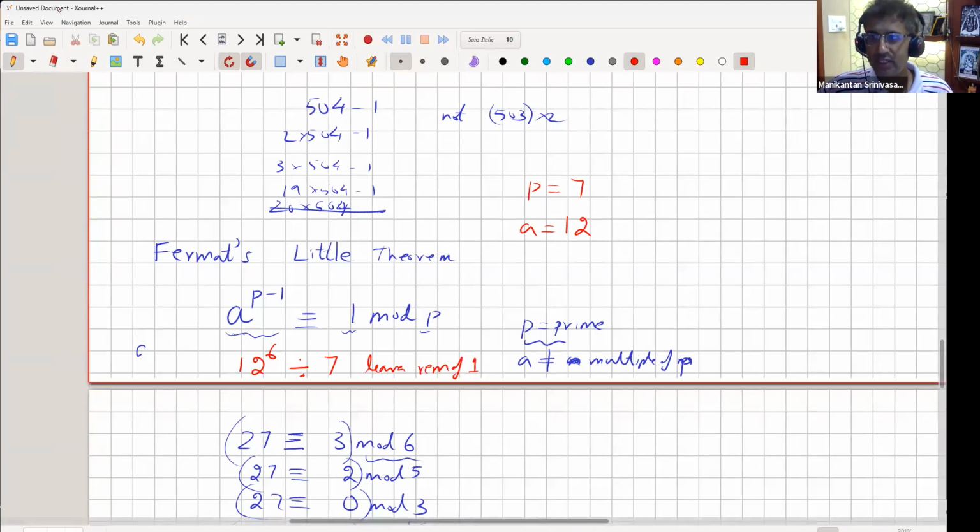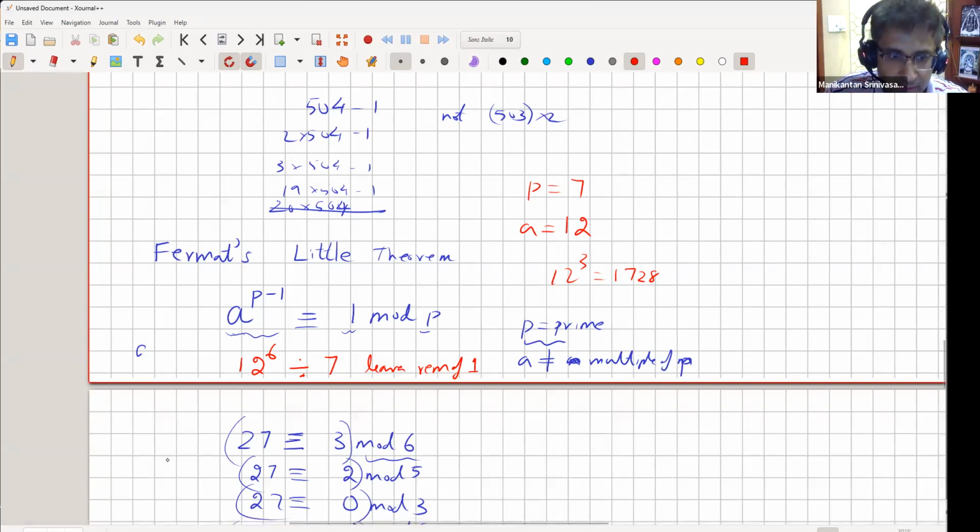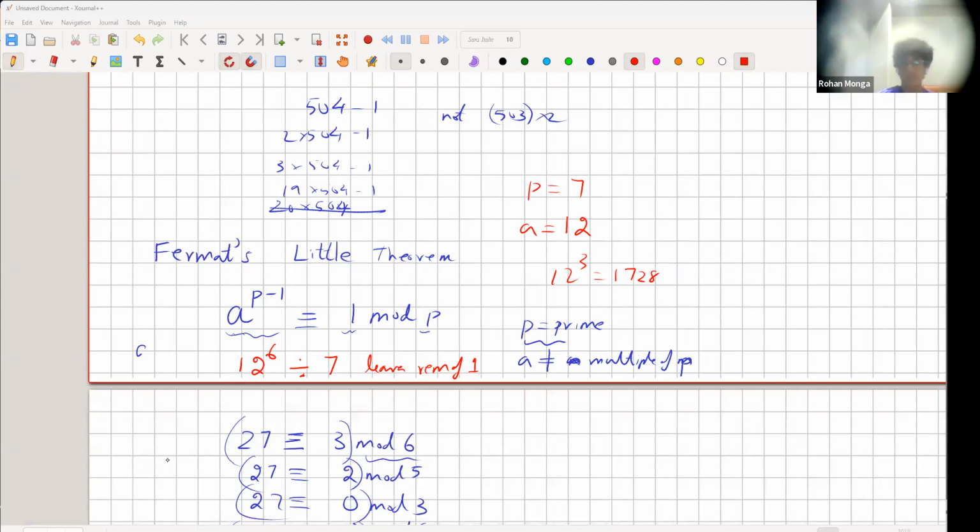Can we just pull out your calculator and check this? 12 to the power 6, when you divide by 7, can you check if it leaves a remainder of 1? 12 cubed is 1728. 1729 is the Ramanujan number. So this is 1728 squared. Can someone check this? So it works.